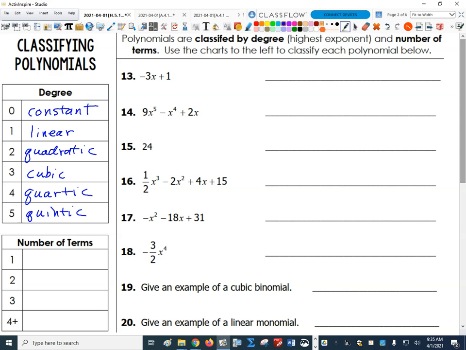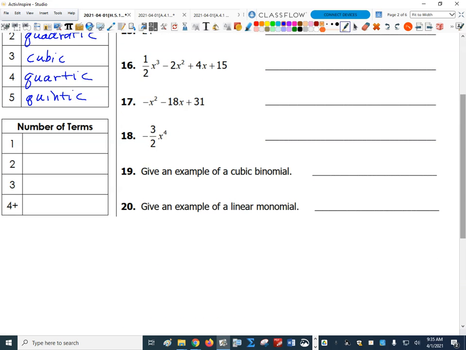The other way we classify polynomials is by the number of terms. Okay, well, what do we call a polynomial with a single term? Monomial. What do we call a polynomial with 2 terms? Binomial. There you go.